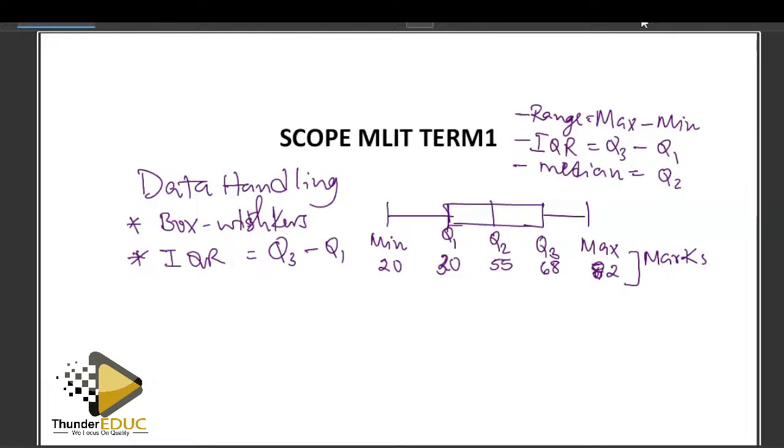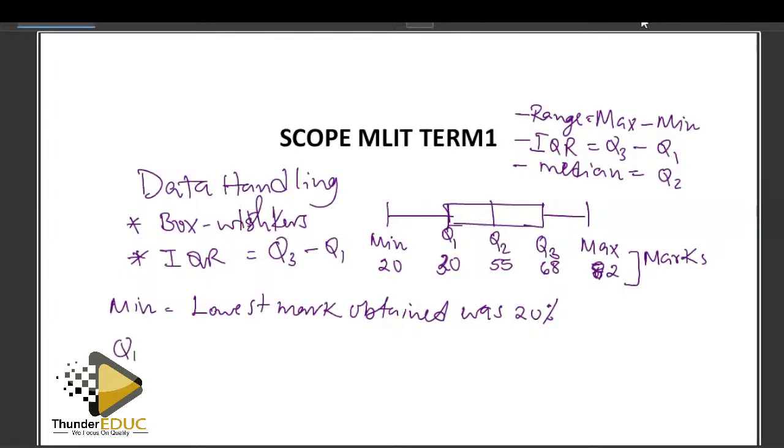So the first thing we shall say is the minimum. How will you say the minimum? You only say the lowest mark obtained was 20%. Then how would you explain Q1?